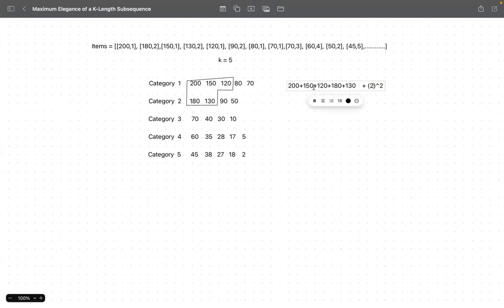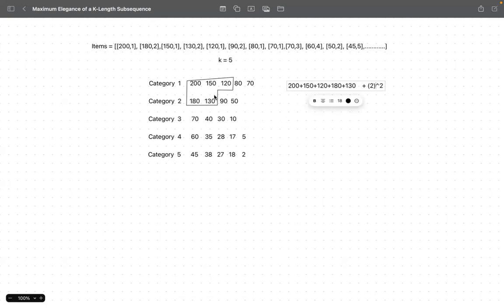Since we have already used maximum profits, the only possibility to increase elegance now is by increasing distinct categories. Here we have two distinct categories. Now we will use three distinct categories.